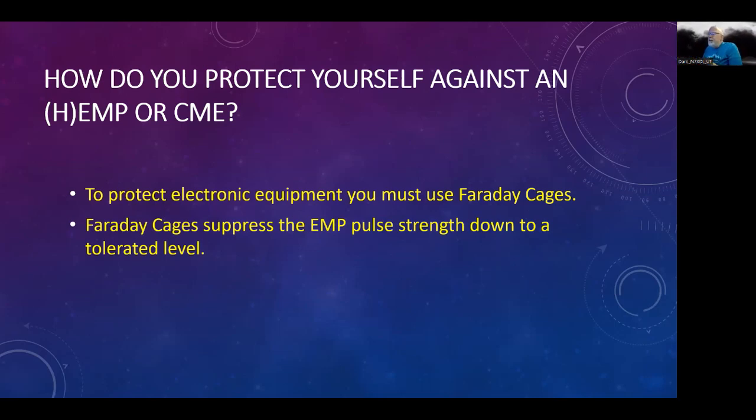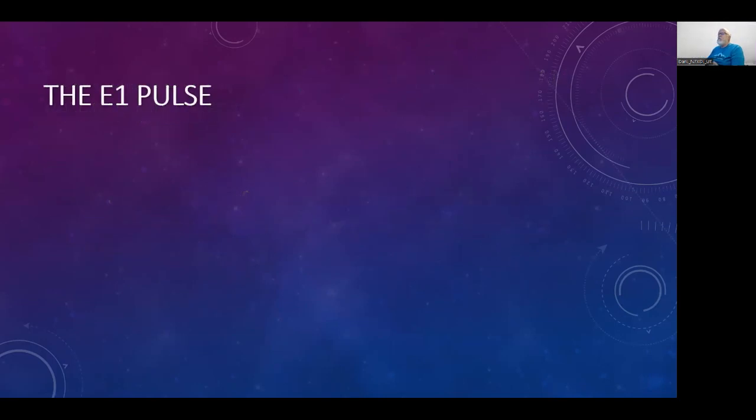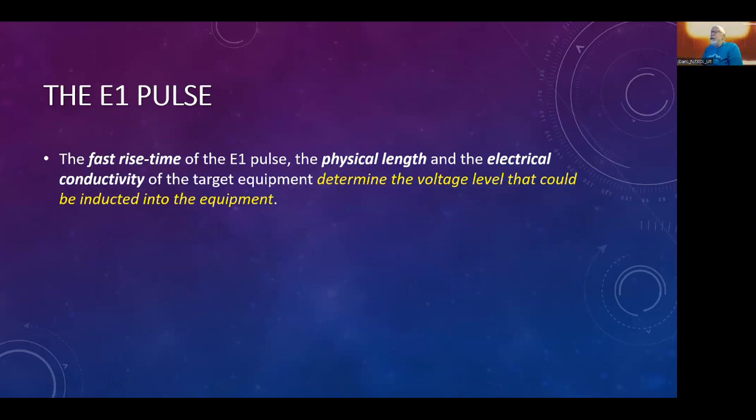In order for a Faraday cage to work, it must suppress the strength of the EMP pulse, and I'm talking about all three pulses, especially the E1 pulse, down to a level that the equipment can tolerate. For the E1 pulse, the fast rise time, you must take into consideration the quickness of the pulse, the physical length, and the electrical conductivity of the equipment to determine the voltage level that could be induced into the equipment.